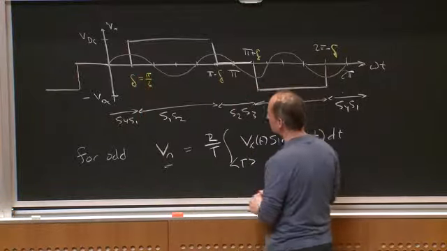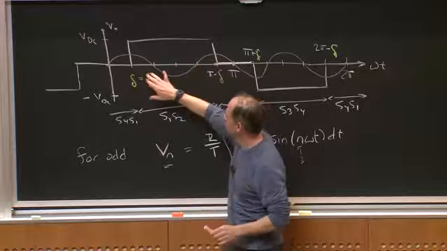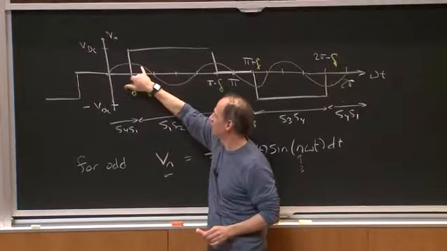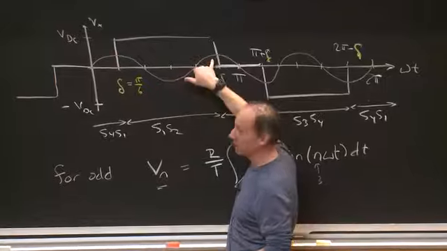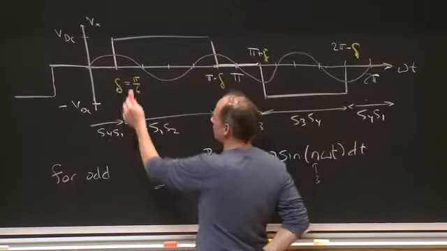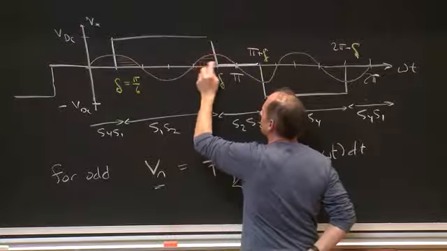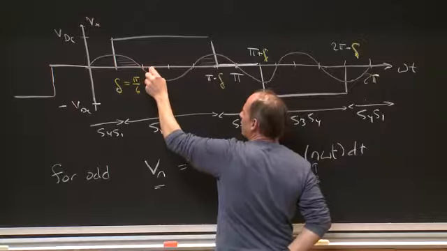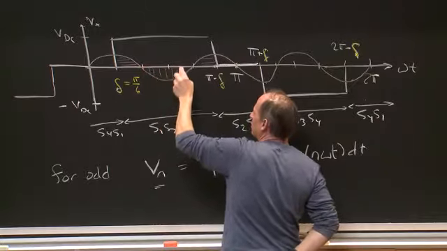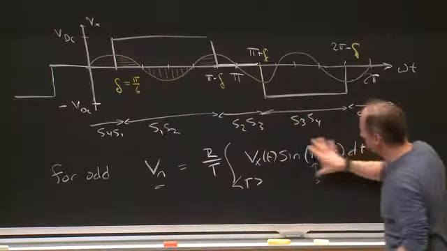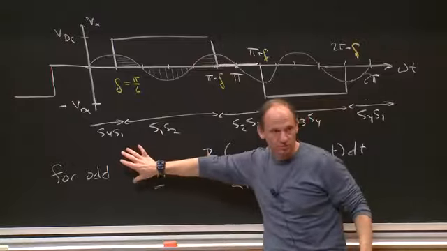Okay? We notice that when I look at the intersection between Vx of t and multiply it by the pink waveform, which is sine 3 omega t, basically I get this positive area, and then I get this negative area multiplied by the white waveform, and when I multiply them and integrate them, I get 0.